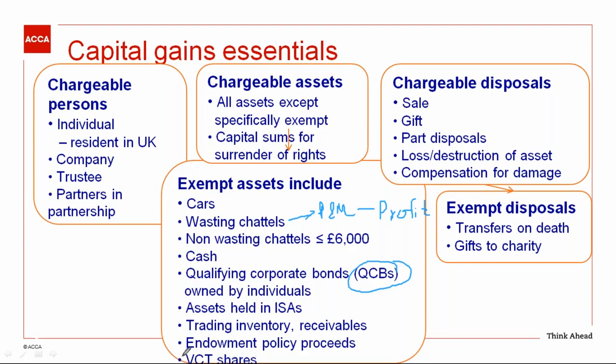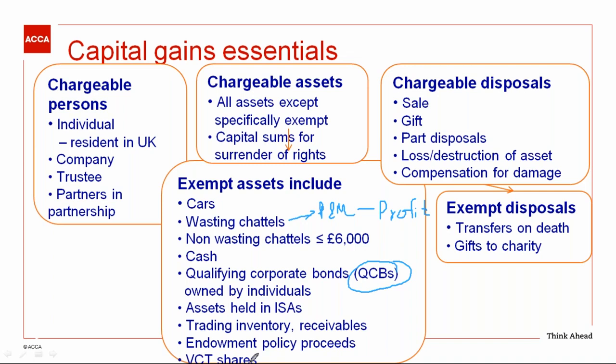And then we have something called venture capital trusts. There are different types of investment schemes available to an individual. You can invest in EIS shares. Then there's something called SEIS shares. Now, when you sell those shares, normally they are chargeable for the purpose of CGT.